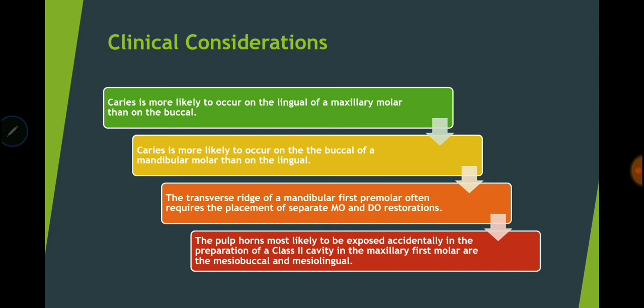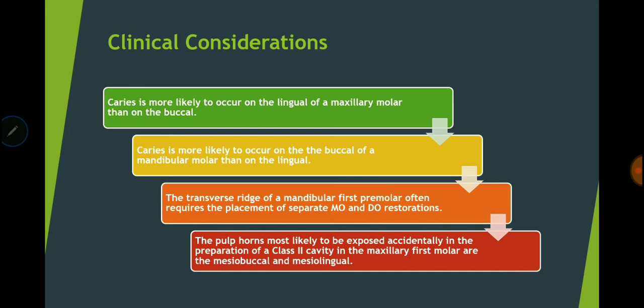The transverse ridge of the mandibular first premolar often requires the placement of a separate MO and DO restoration because it's a very prominent transverse ridge. So you only prepare the mesial and distal pits separately.